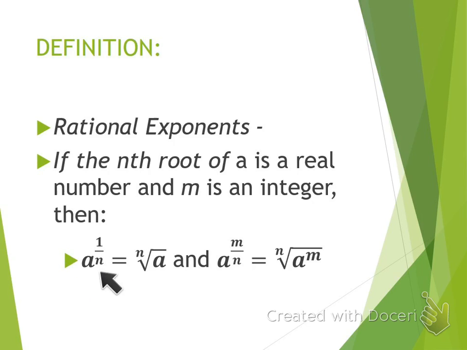That was the first thing we looked at, where everything was either just the cube root, the square root, we just changed it. And a raised to the m over nth power is equal to the nth root of a to the m. That's what we just looked at on the last slide, where we talked about the denominator being the index and the numerator being the exponent.